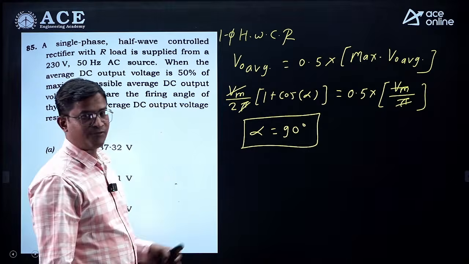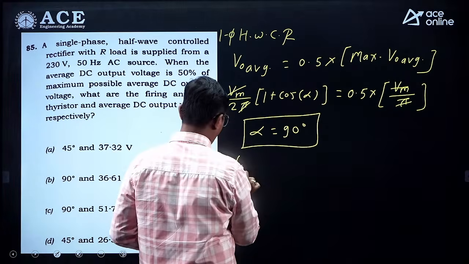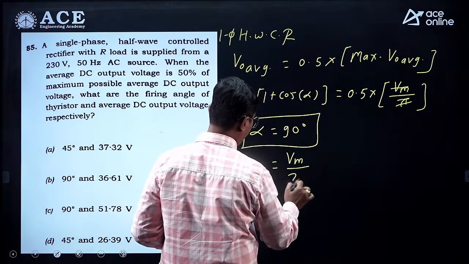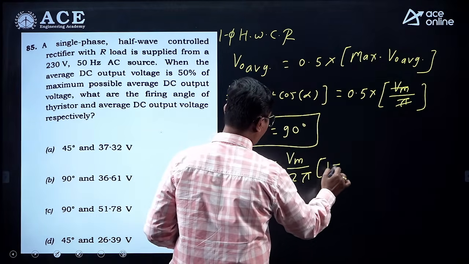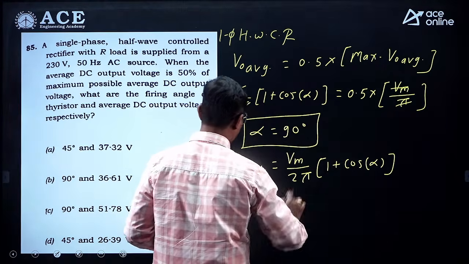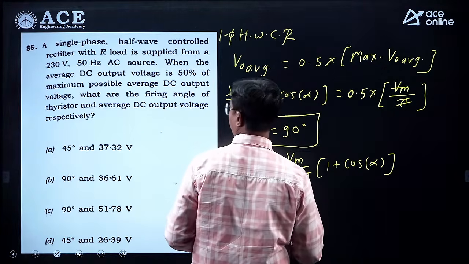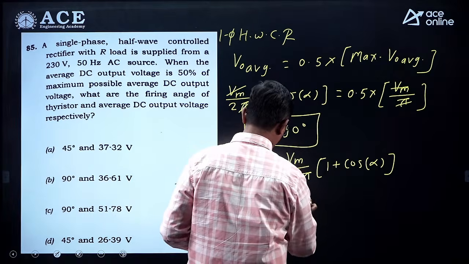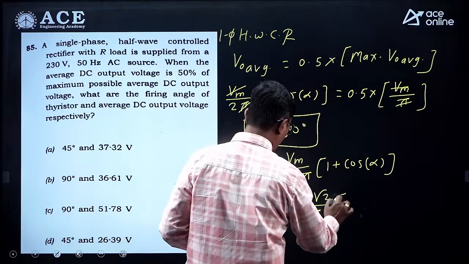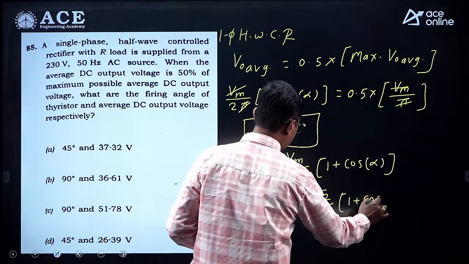Now corresponding to this alpha, what is the V0 average? V0 average is Vm by 2 pi into 1 plus cos alpha. Vm is 230 root 2, upon 2 pi into 1 plus cos 90.